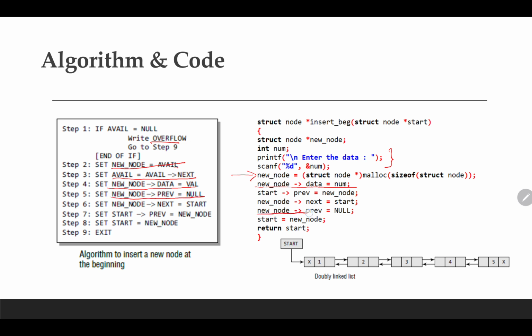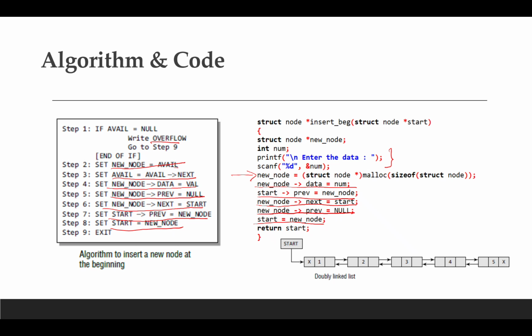So this statement, new node->previous is equal to null. Then new node->next is start. Then start->previous is new node. Then start is equal to new node. So first we have to get the value, then we have to allocate the memory space for the new node, then we are assigning the value.